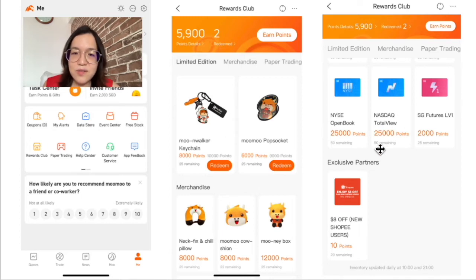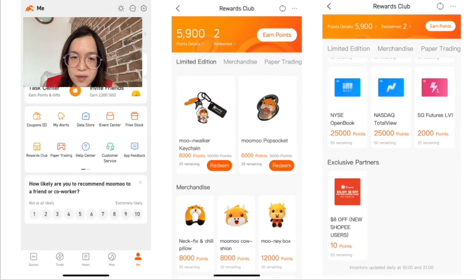Right, and then I also saw that they have some exclusive collaborations with their partners like Shopee, where you can also exchange the points for some kind of cash voucher or rebate, that sort of thing. So these are the new features.